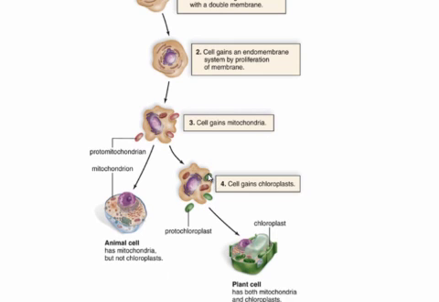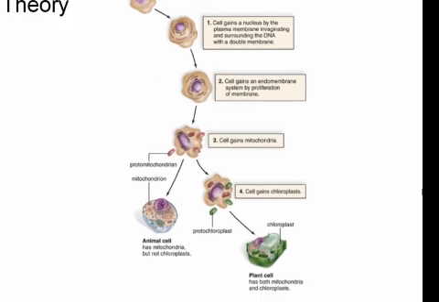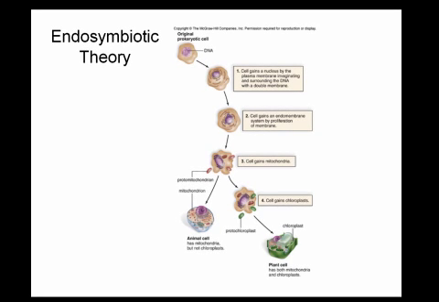Now, some of the reasons that we think this: if a small aerobic heterotrophic bacteria was engulfed, that would result in a structure that had a double membrane, similar to the mitochondria. Also, if we look at the structure of the mitochondria, we see that it does have the double membrane. Mitochondria also have their own DNA, and they have their own ribosomes, which are similar to those that we see in prokaryotic cells.